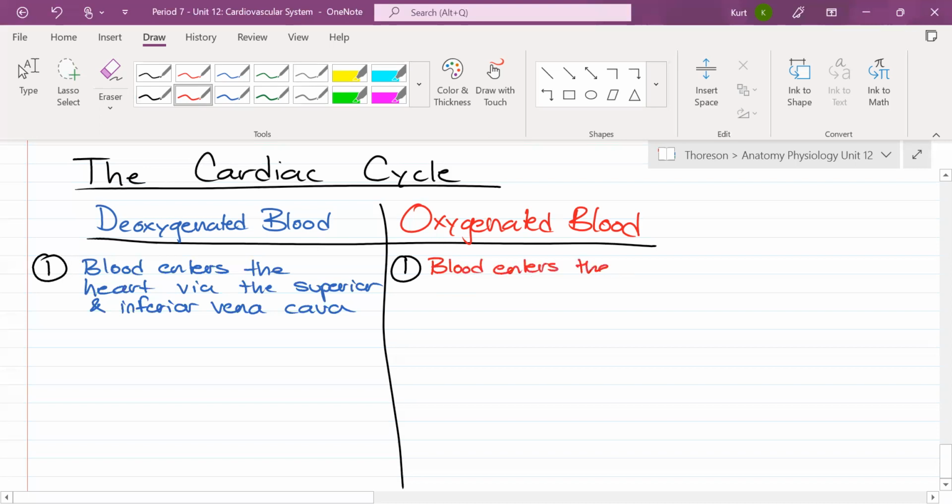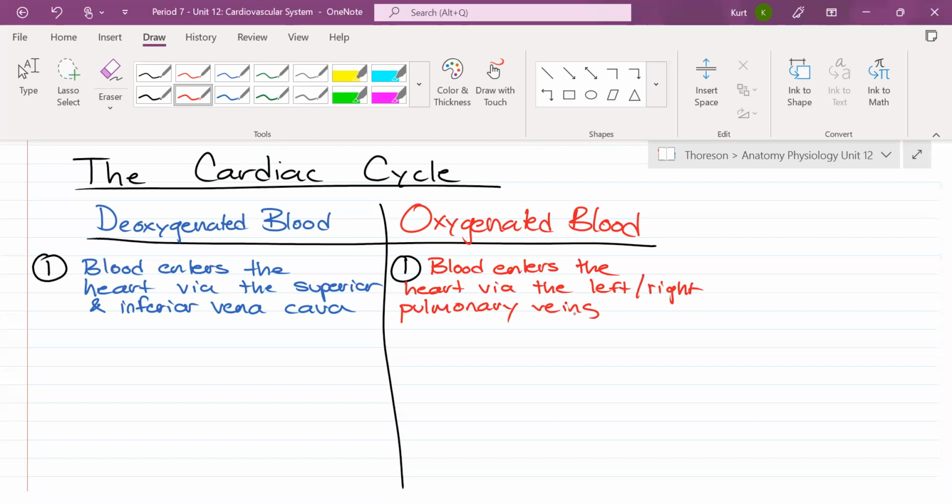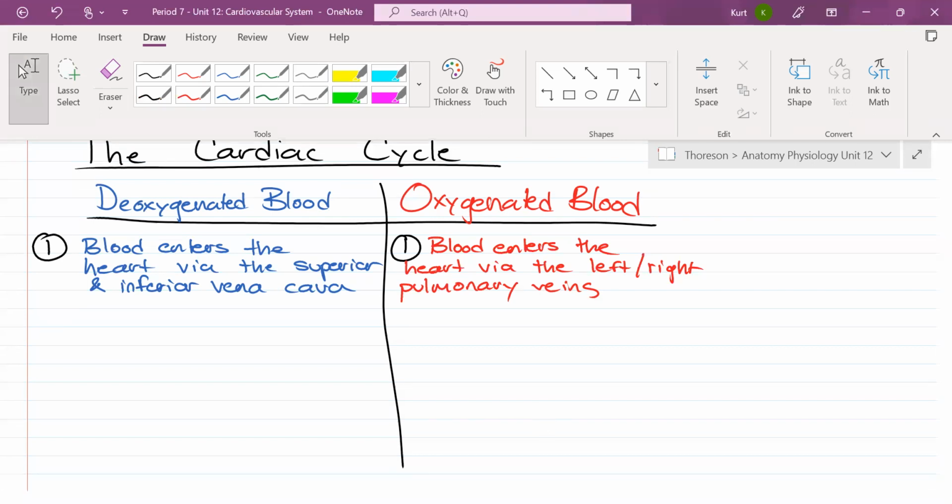Blood enters the heart via the left and right pulmonary veins. Is it veins or arteries? Very good, veins. What is unique about the pulmonary veins? They're the only veins in your entire body that carry oxygenated blood. Very good. So this happens simultaneously.